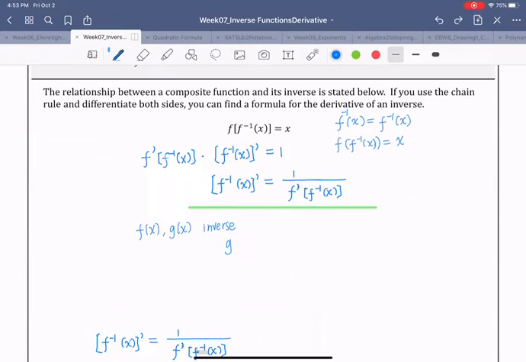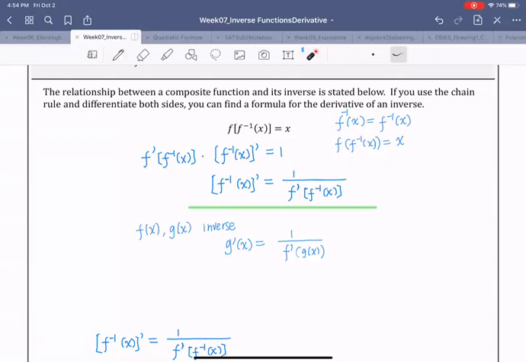The reason I like to write it this way is because it looks simple. g prime of x is 1 over f prime of g of x. This definitely looks simpler than the other one, but you read it the same way. It still has the same meaning. It's no different.